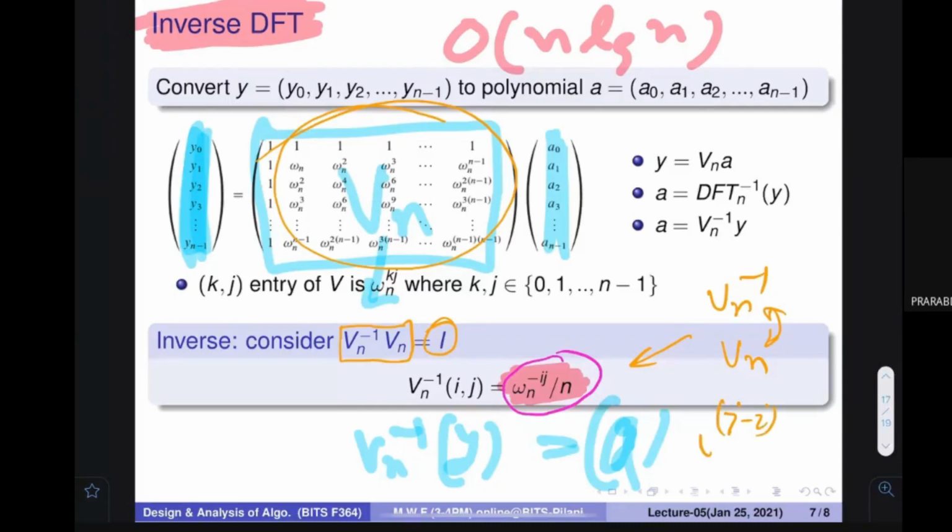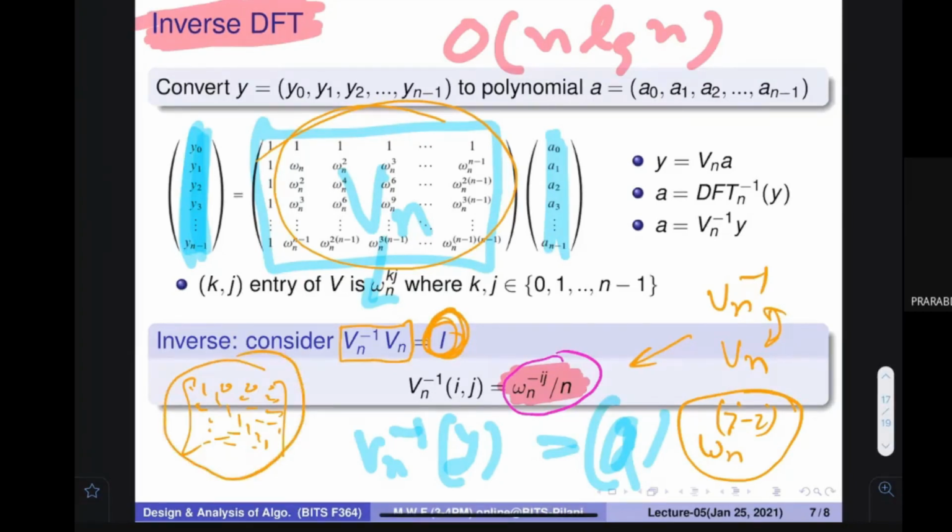If j and i are not the same, that expression becomes 0. Otherwise, when the values are the same, it becomes 1. So at the diagonal places the values are 1, otherwise 0. If the multiplication of two matrices is the identity matrix, then they are inverses of each other. This is the proof of the inverse in the book.